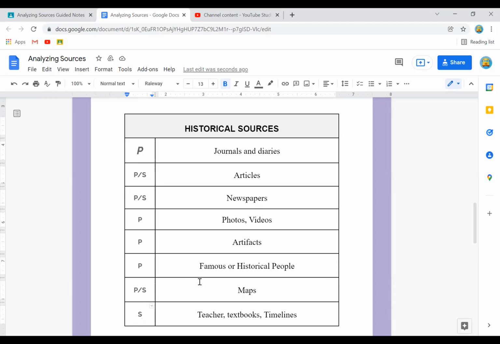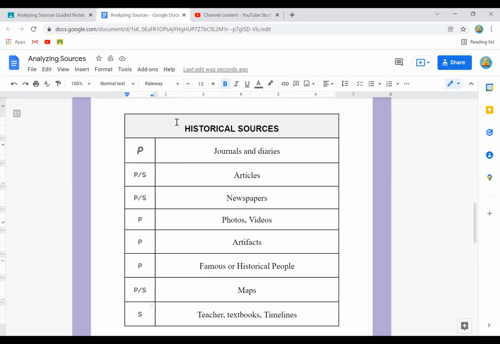But usually I'm interpreting information and relaying it to you. So I'm a secondary source. Same thing with textbooks. The people who write a textbook that talks about ancient Mesopotamia weren't there for that. That was over 5,000 years ago. Timeline, same thing. It's a secondary source.